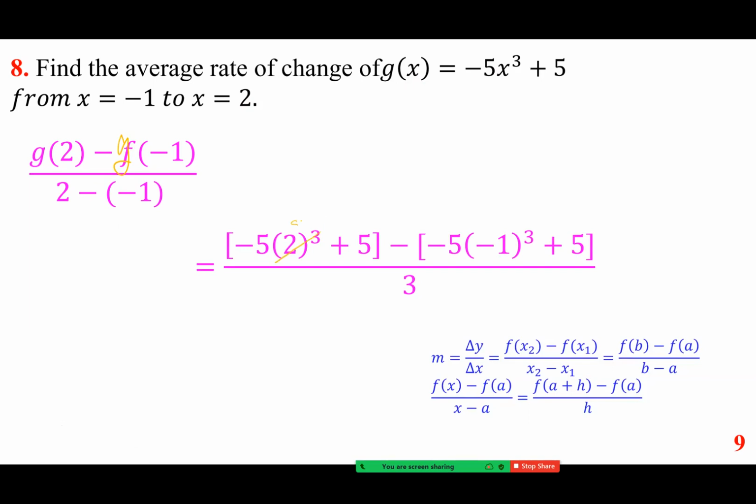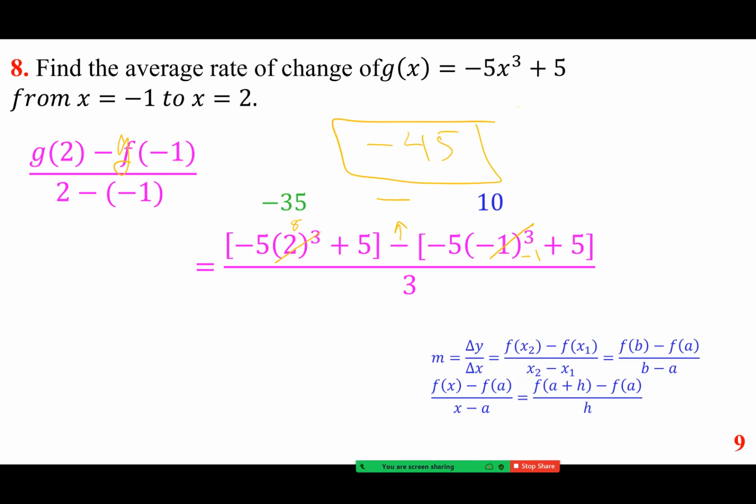This is 8 times -5 minus 40, and 5 is -35. This is -1 times -5 is 5, and 5 is 10. So what you have, -35 minus 10 or -45 is your numerator.